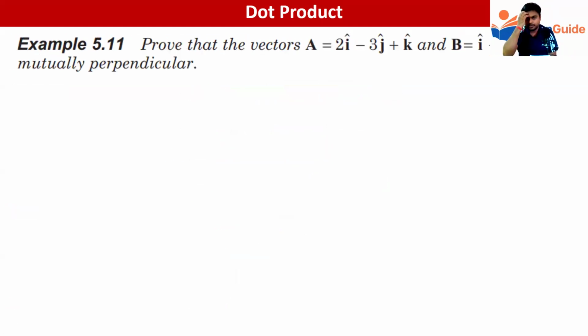Prove that they are mutually perpendicular. If they are mutually perpendicular, what's going to happen? The dot product is 0. Why is it 0? Because the dot product is mod A mod B cos theta, and here theta is 90. Yes, perfect.